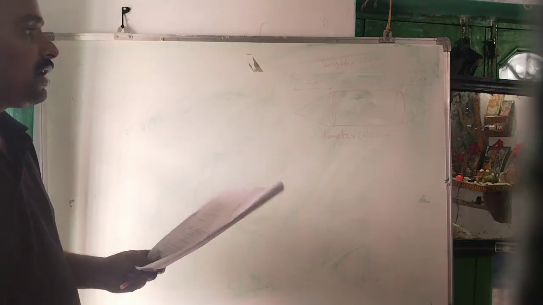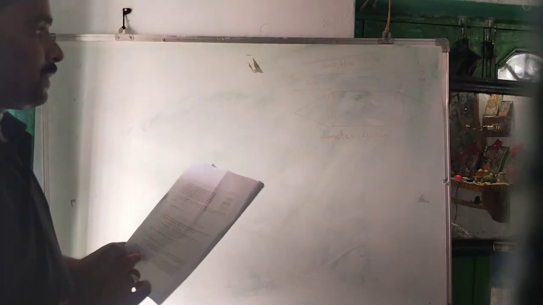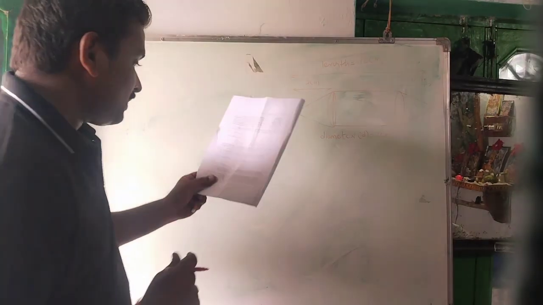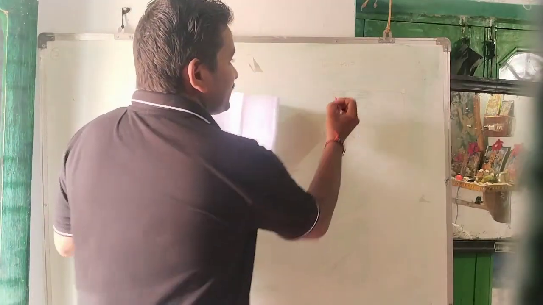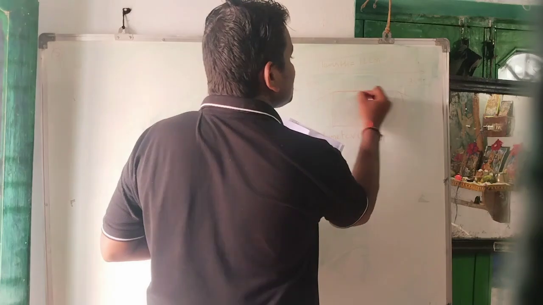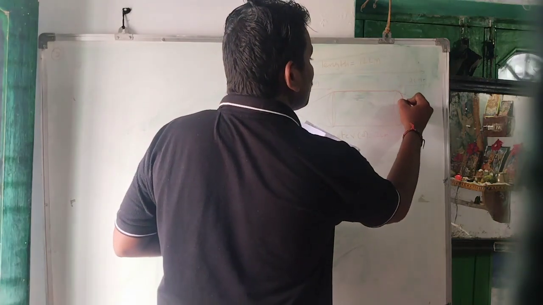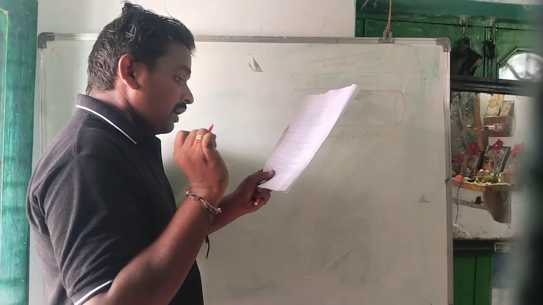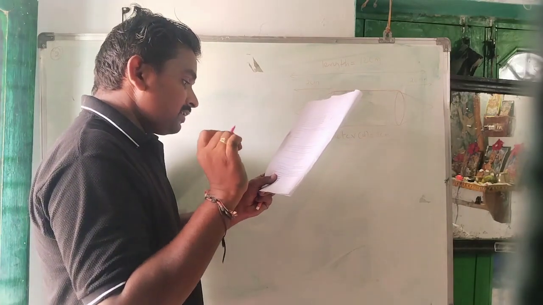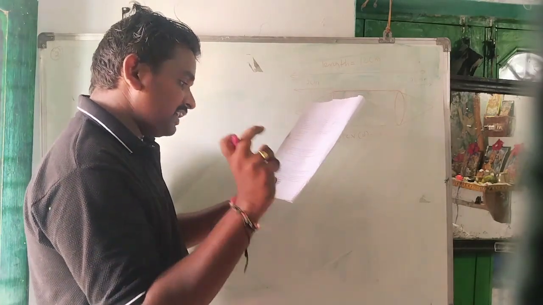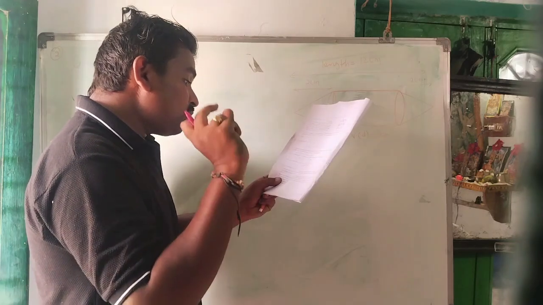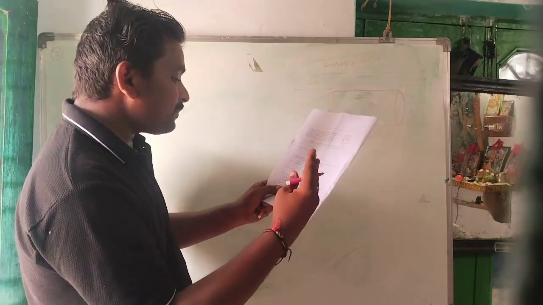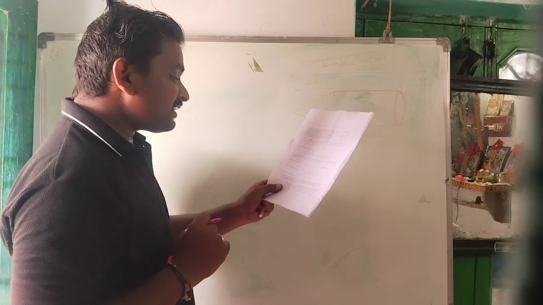So here, observe the given figure. Here one cylinder is given. She made one cylinder with two cones attached at its two ends by using a thin aluminium sheet.